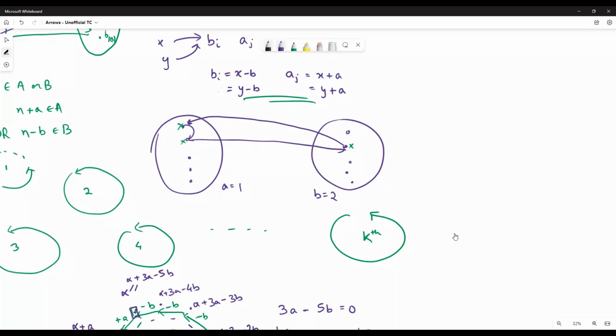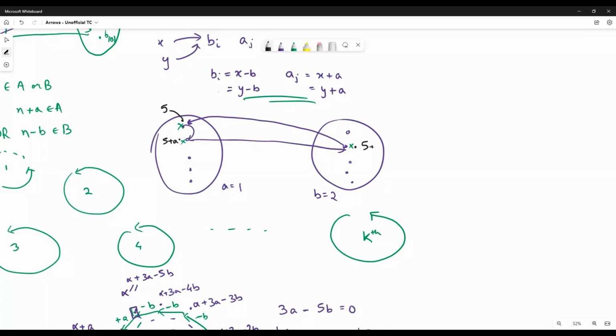Then suppose this is 5. What's this thing? 5 plus a, which is 5 plus 1. And then what's this thing? 5 plus a minus b.